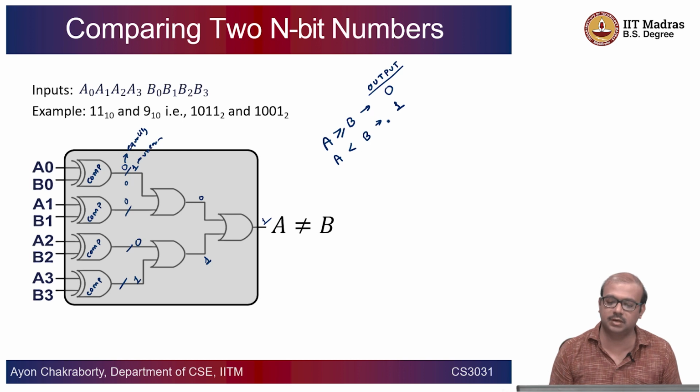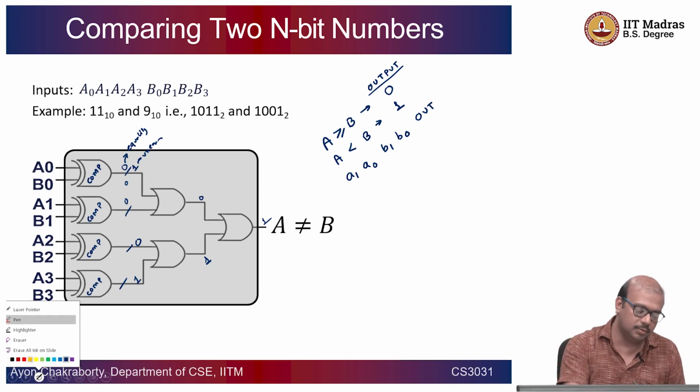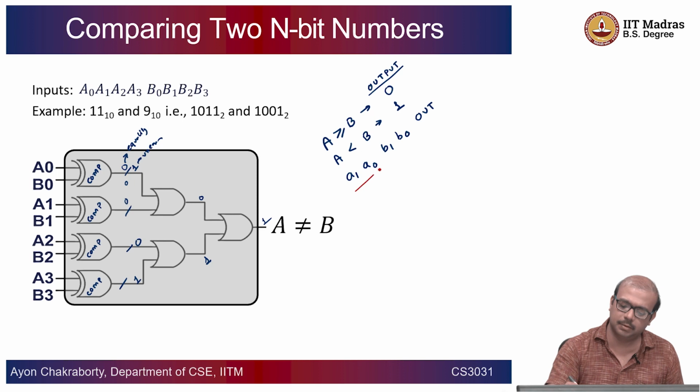So, how do you proceed with the truth table? Let us say, for simplicity, I now take 2-bit numbers. So, you have A1 A0, this is A, B1 B0, this is B, and then there is an output. Okay. So, now you need to fill up this table.